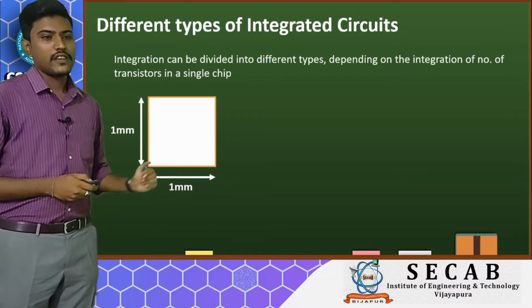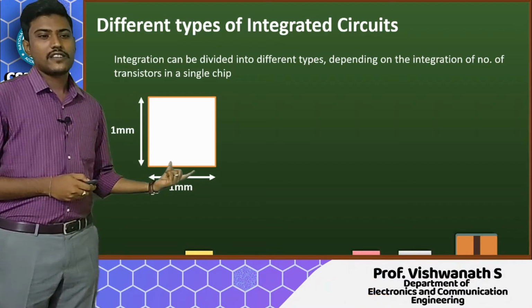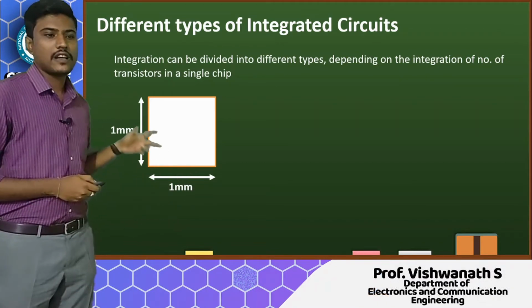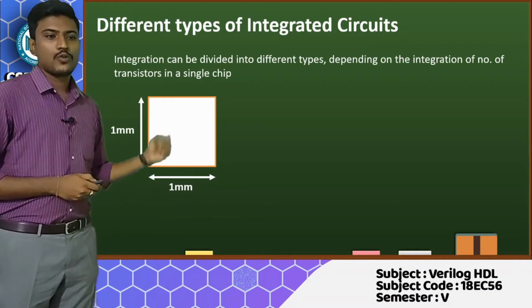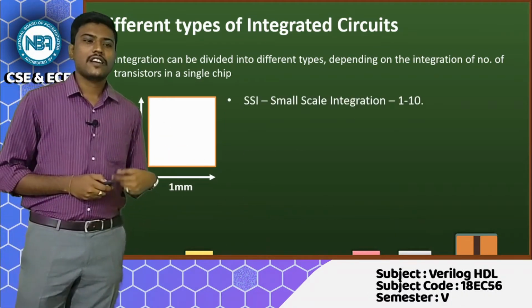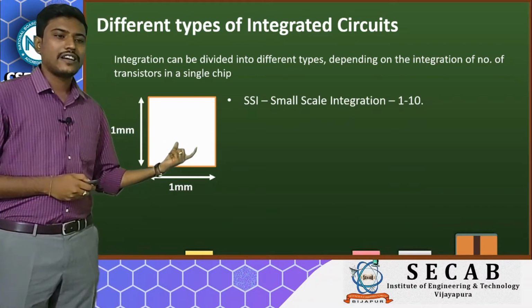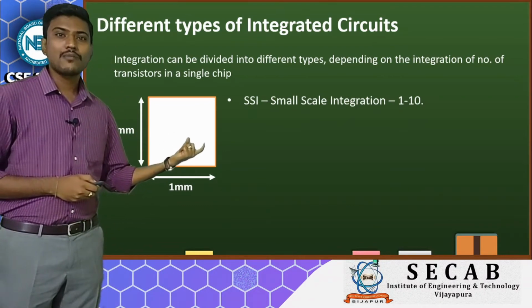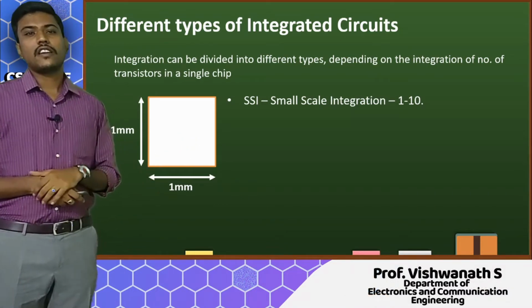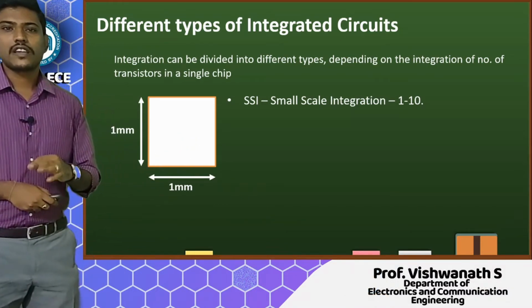This is a square device where its width is 1 mm and its height is 1 mm. If I can integrate 1 to 10 transistors into this particular device, then I can call it small scale integration.